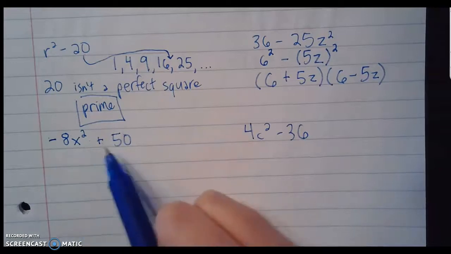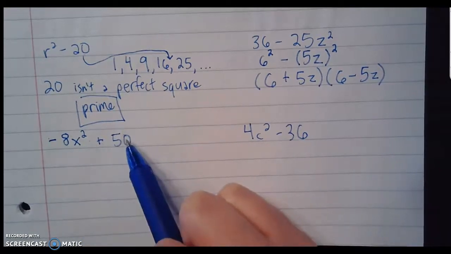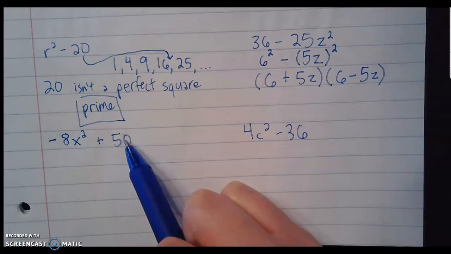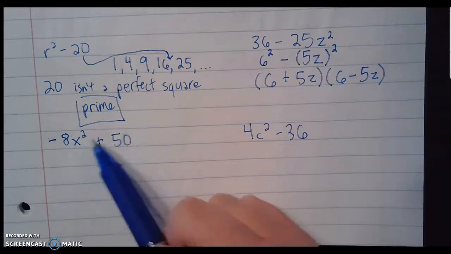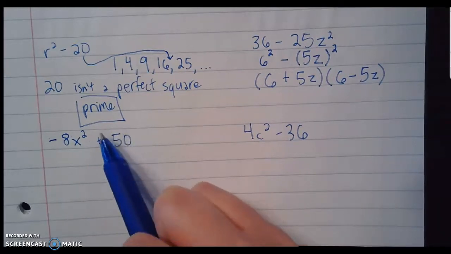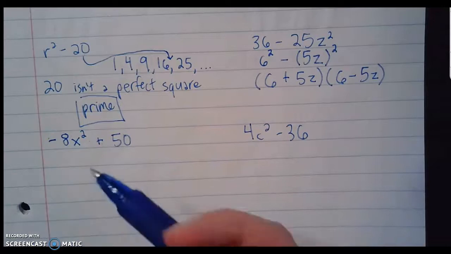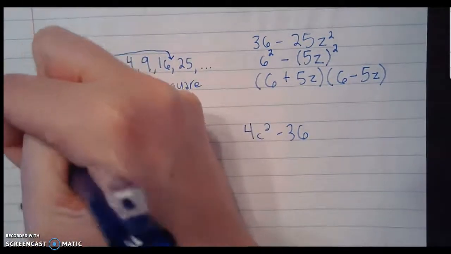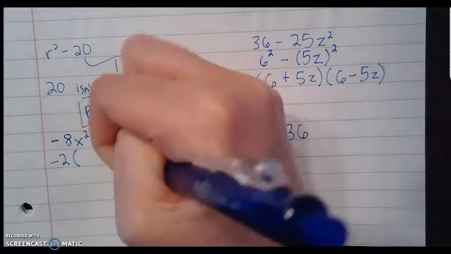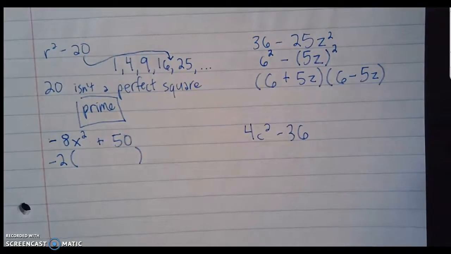So looking at both of these terms, I can see they're both even, and that in fact 2 is the greatest common factor. But since I want this to be a subtraction sign, and I want this to be positive in order to factor, instead of factoring out a positive 2, I'm going to factor out a negative 2. Now, what will that leave me with?